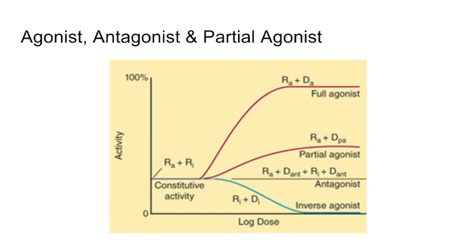So even though it has some activity, it also acts as an antagonist. So that's just a key point you want to remember. When we talk about some of the other agents in the coming weeks, we'll get into more detail about why specifically you'd want to use a partial agonist versus a full agonist or an antagonist.